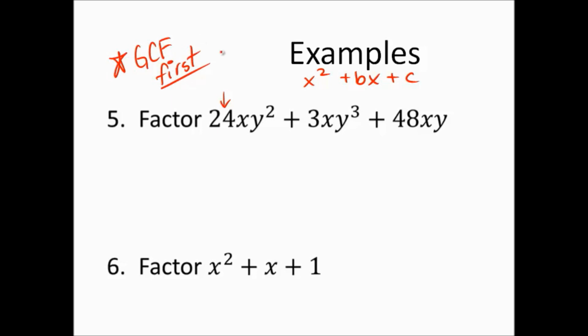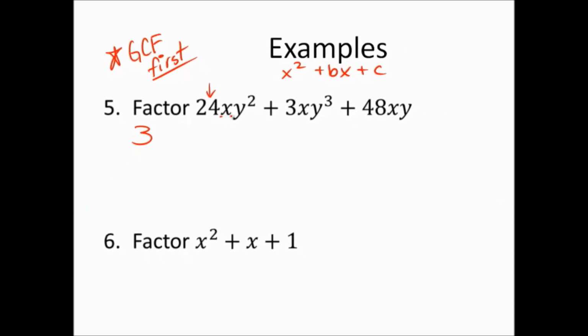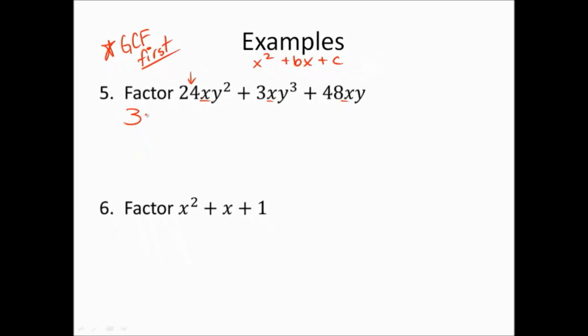So is there a greatest common factor here? Well, I think all of these will divide by 3, so let's take a 3 out. And then also we have an x in every single one, so we can take that out. And also an extra y in every single one. So let's see what we're left with then. 3 times 8 gives us 24, and times the x is already there, and we need another y.